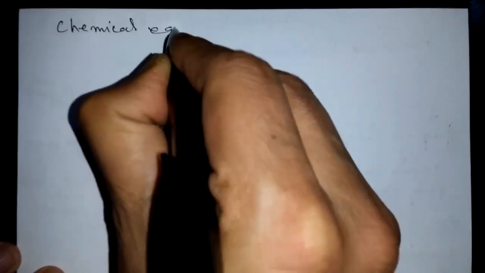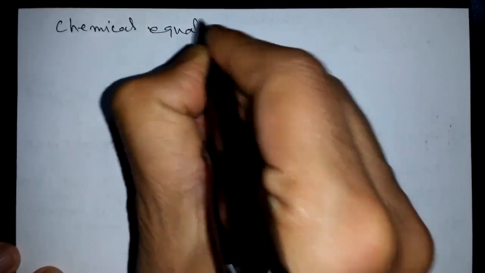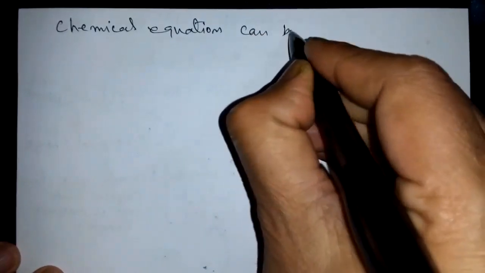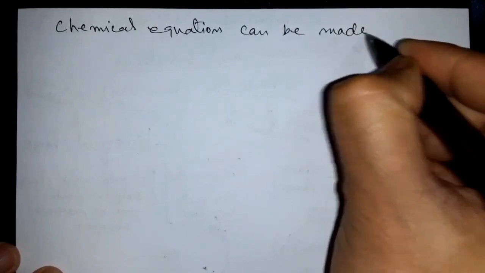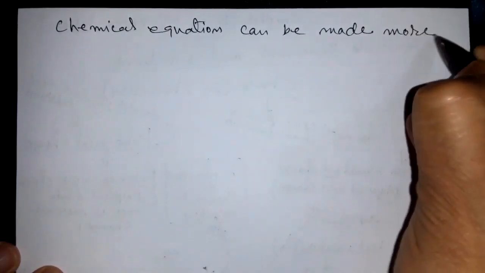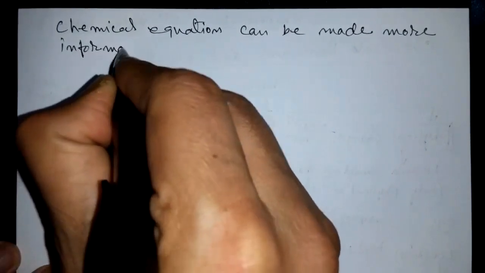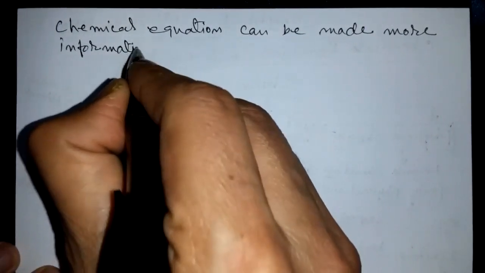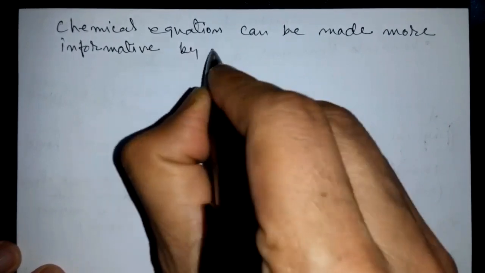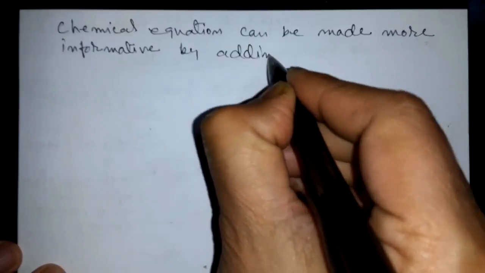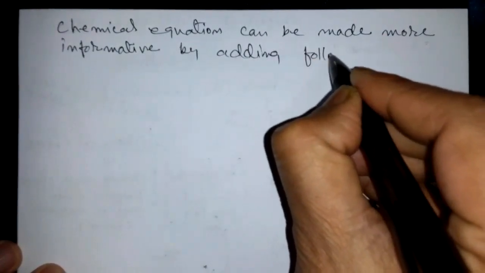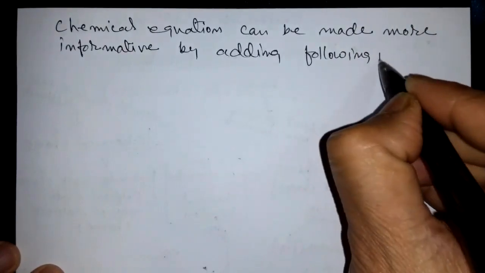Chemical equation can be made more informative by adding following information.